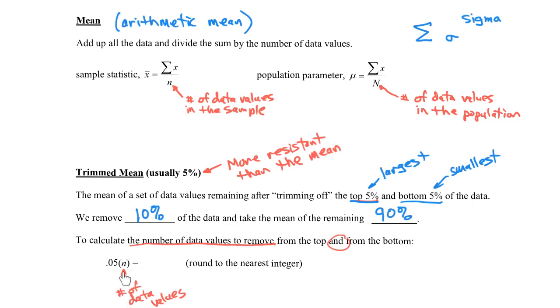Well, if we had 100 pieces of data, we'd go 0.05 times 100, which would give us 5. And then we'd take the 5 biggest numbers and the 5 smallest numbers and get rid of them. And just use regular rounding here, just like you normally would. So if we got 2.6 here, we would round it to 3. If we got 2.1 here, we would round it to 2. So just use regular rounding.